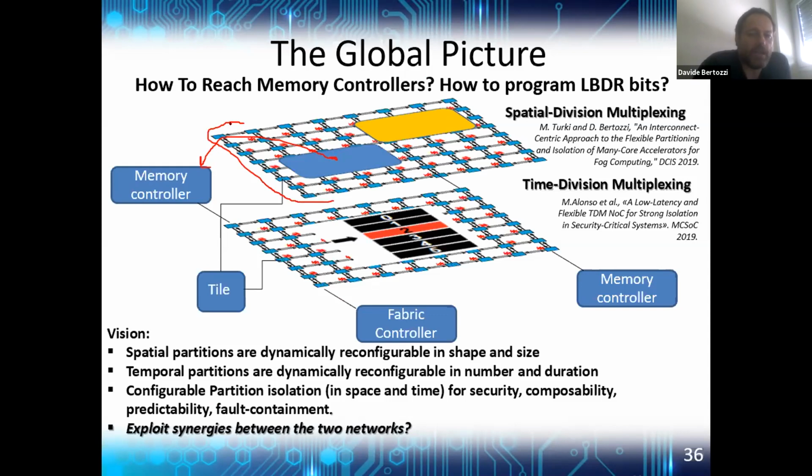And in this case, there is a perfect synergy if we instantiate a network on chip which comes with spatial division multiplexing, the top layer, and we implement another network on chip that implements time division multiplexing in such a way that you can reach the memory controller by using an isolated time slot. So you preserve isolation at first in space and when needed in time.